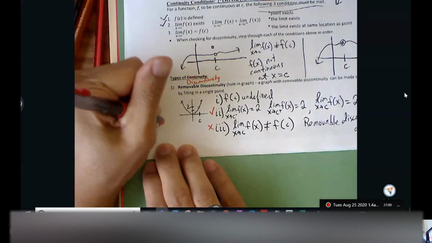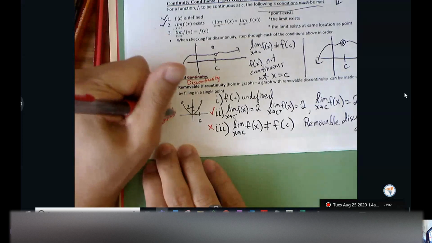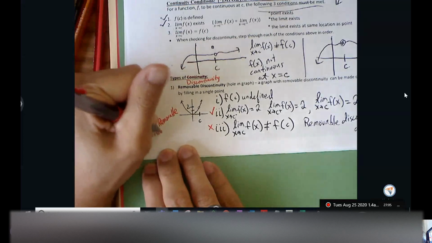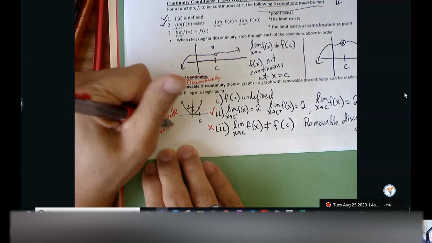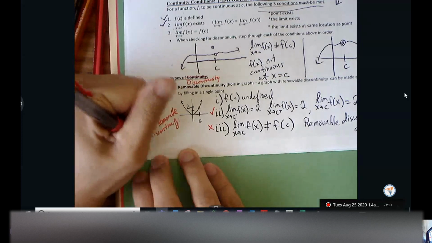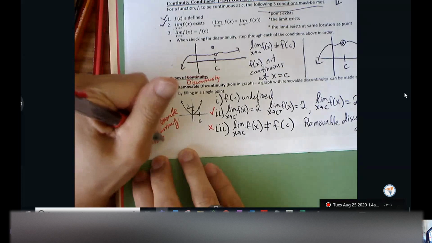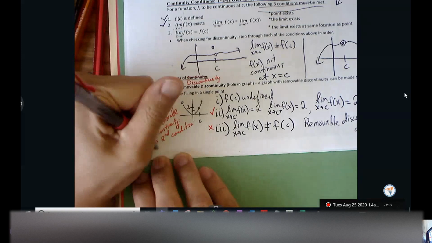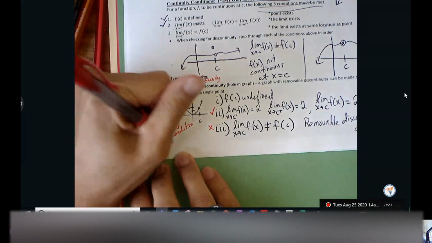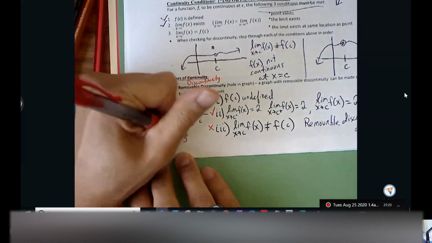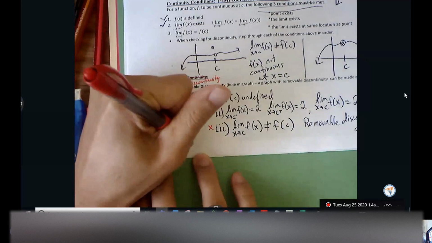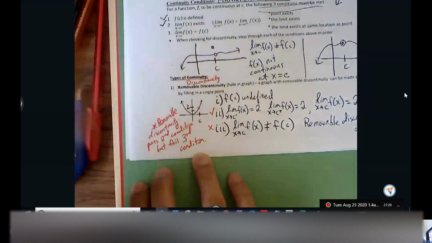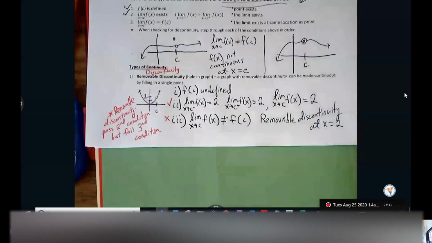For any removable discontinuity, it will always pass the second condition but fail the third one. Any questions so far? Does that make sense?